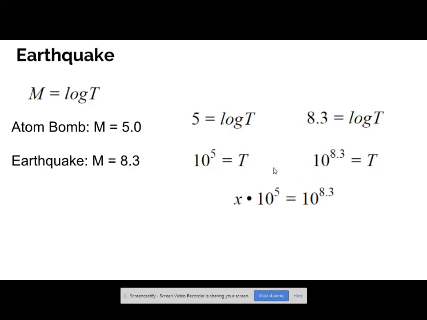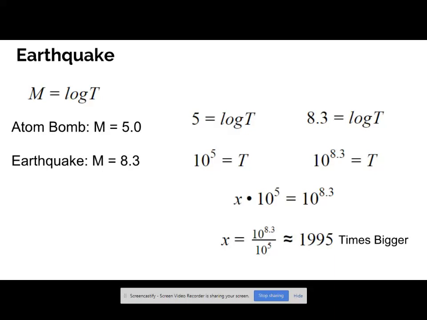So if we want to compare those shock waves, we can solve for x. The earthquake in 1905 in San Francisco was almost 2,000 times bigger, 1,995 times bigger, than the shock wave produced by the atomic bomb test in the 1950s.